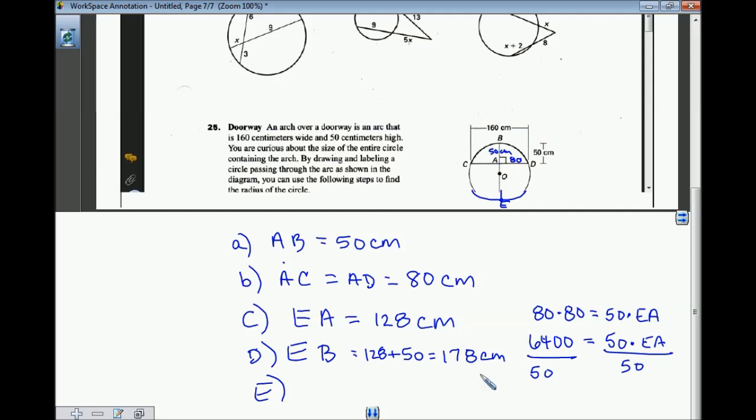Divide EB by 2. And so we get the radius is 89 centimeters.